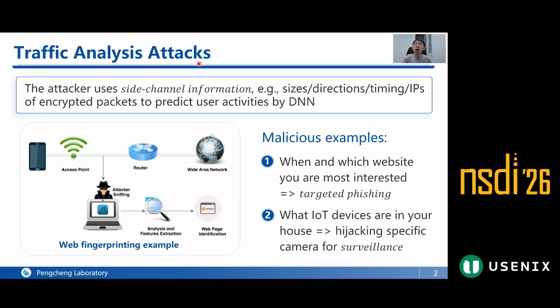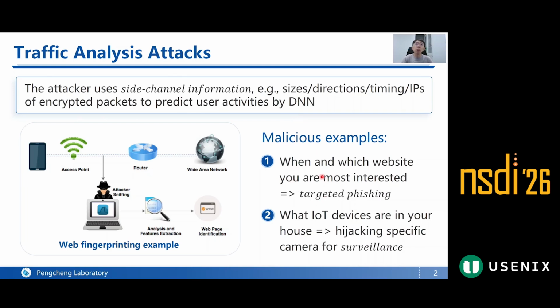Traffic analysis attacks means that the attacker can use side channel information of the encrypted traffic, for example, the packet size, direction, timing, IP addresses, to predict user activities by a trained DNN. After this analysis, the attacker can do many malicious activities.